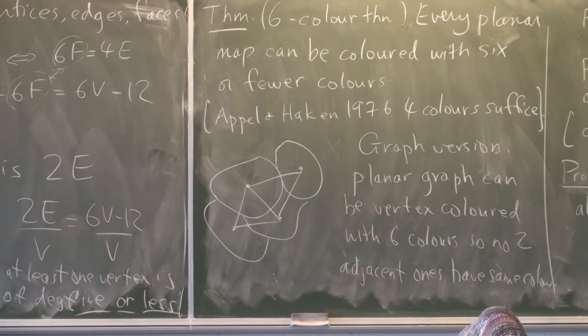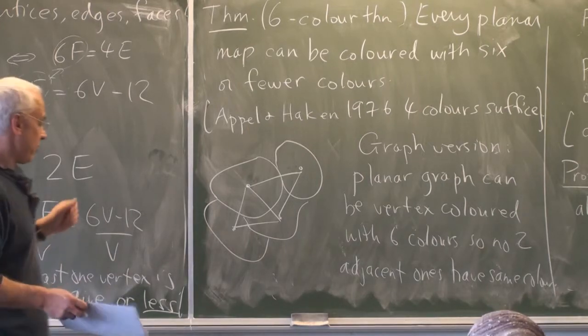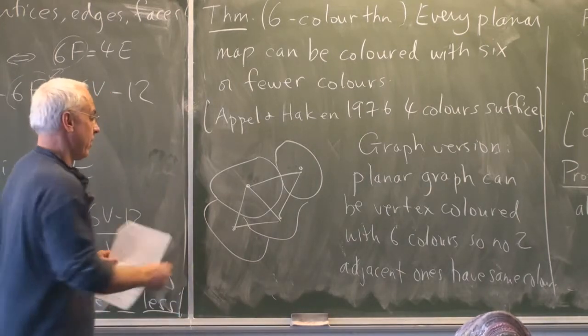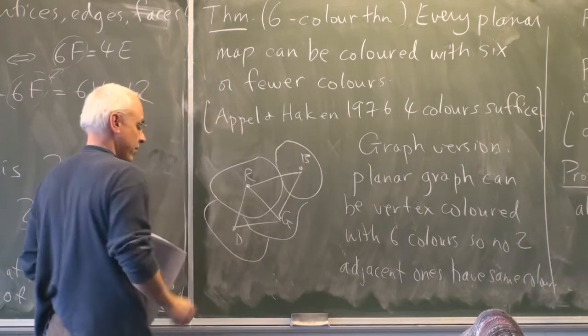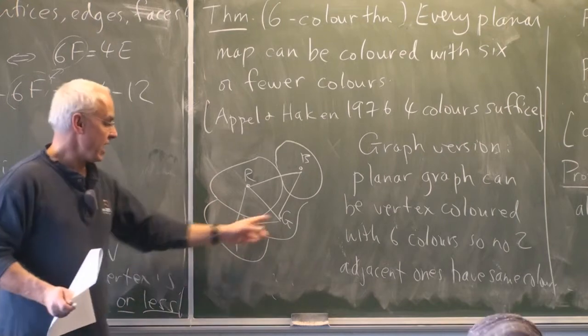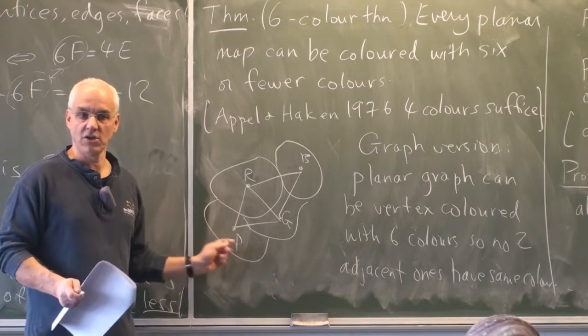That's what we want to prove. Given a planar graph and six colors, we can color the vertices: red, blue, green, purple, white. Red, blue, green, purple. So that when you look at any edge, the two colors on that edge are different.